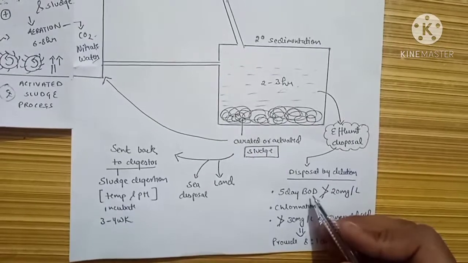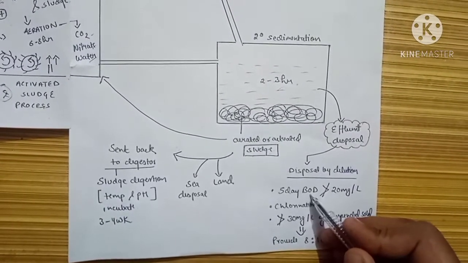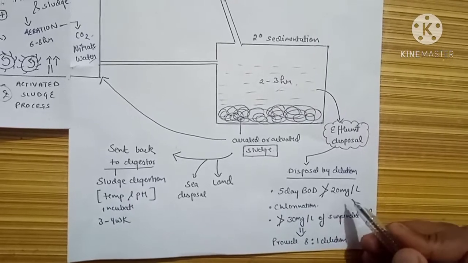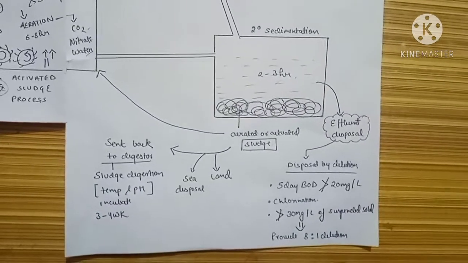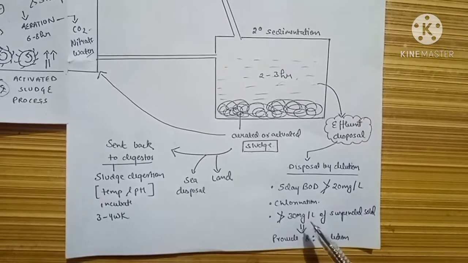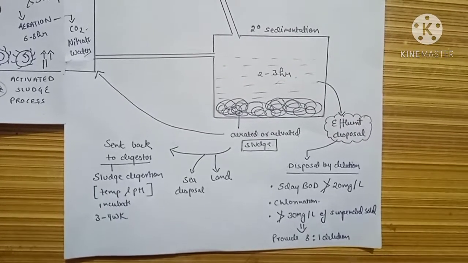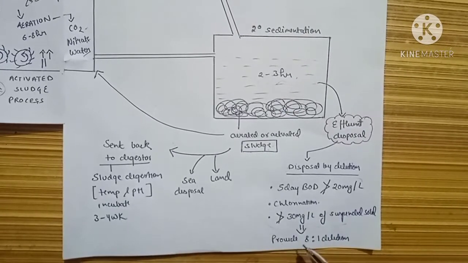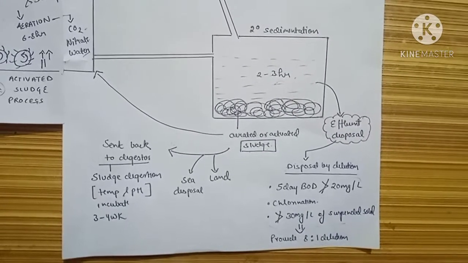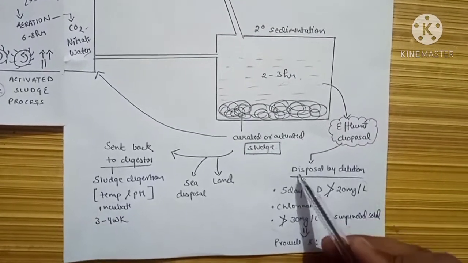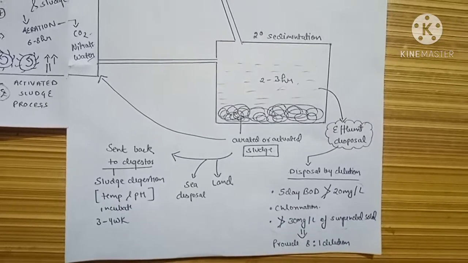The second is that the 5 day biological oxygen demand should not exceed 20 milligram per liter. The third is that the suspended solids should not be more than 30 milligram per liter. If we follow these criteria, it will provide a dilution of 8 to 1 in our river when we spill this. This method is known as disposal by dilution.